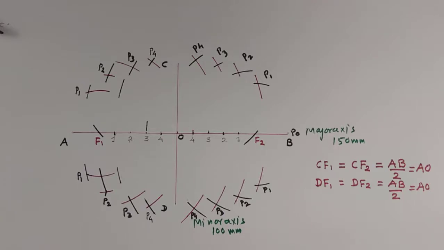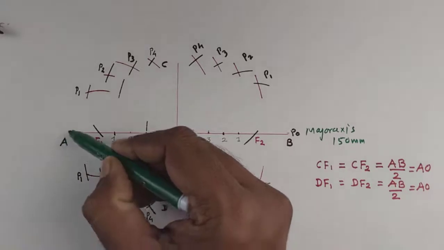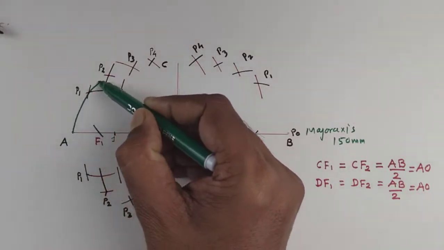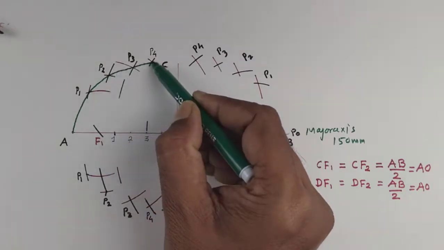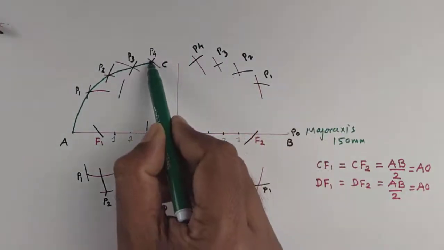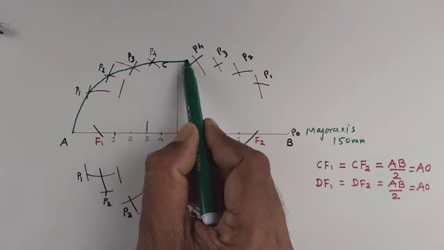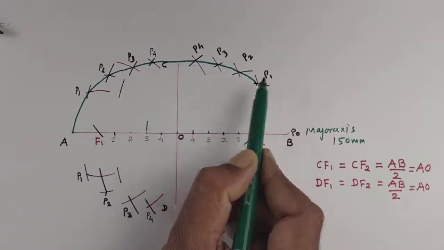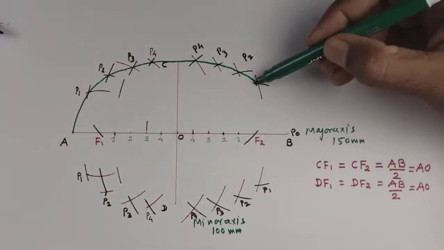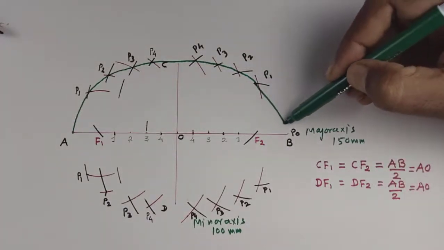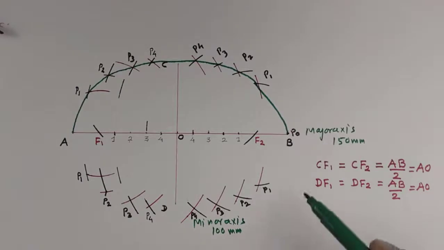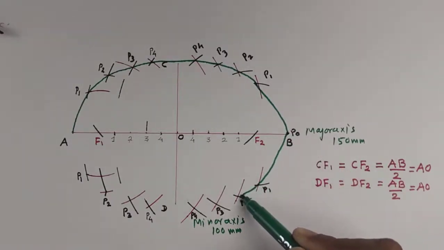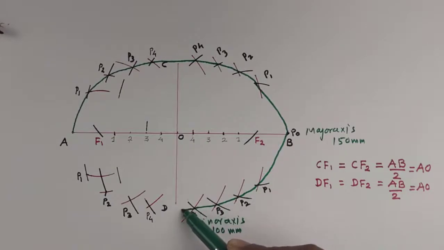So we start our ellipse from A, then P1, P2, P3, P4, including with C, P4, P3, P2, P1. Then you connect with B, then from B, P1, P2, P3, P4, including with your D point.